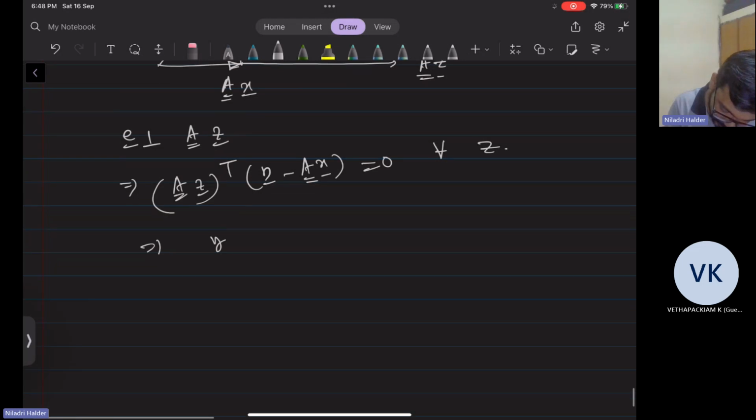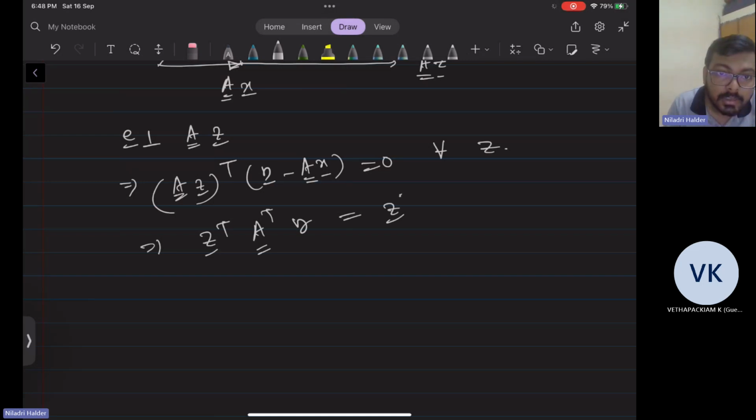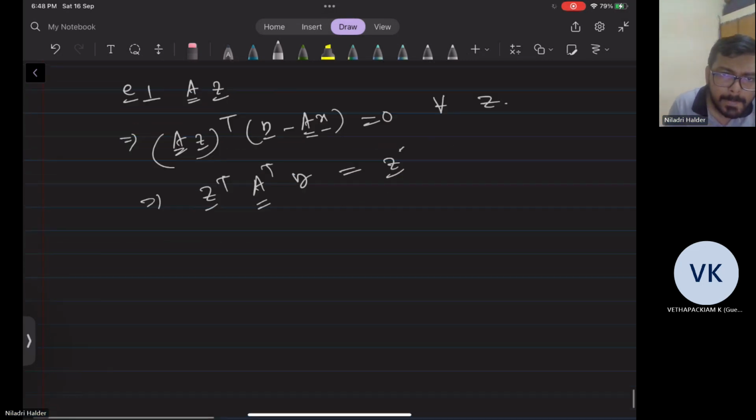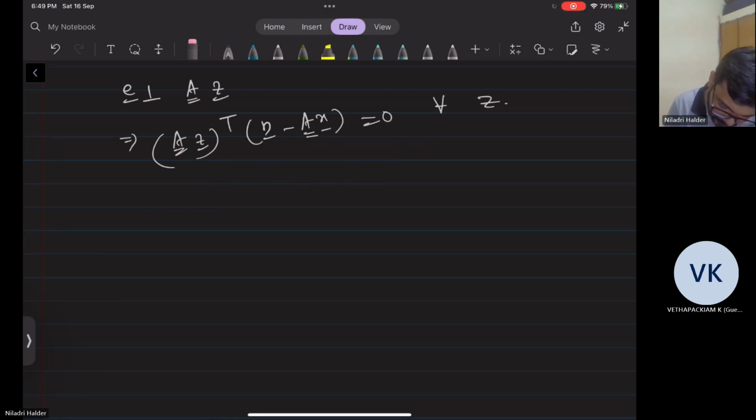That means z transpose A transpose times y minus x is equal to zero.